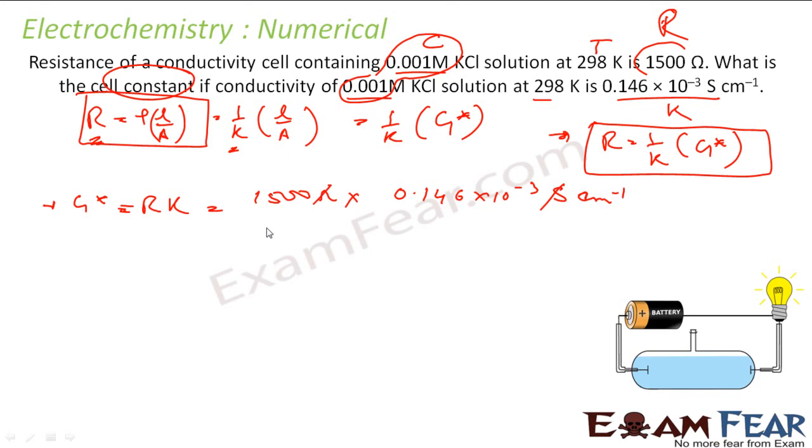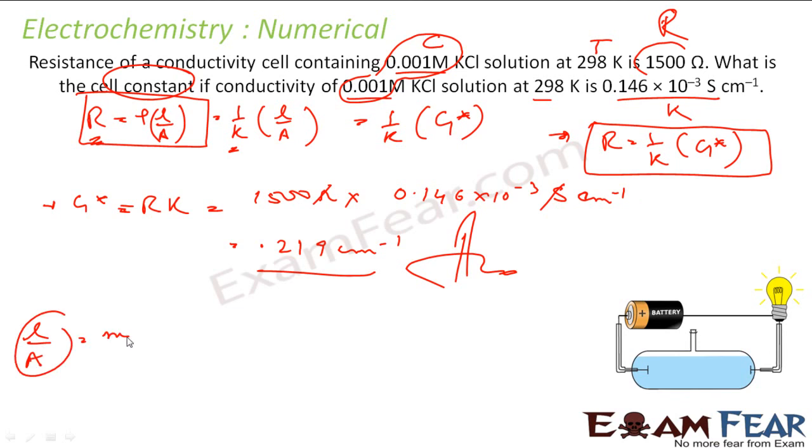Siemens and ohms get cancelled. You solve this, you get 0.219 per centimeter, and that is my cell constant. If you see, cell constant is L by A. So if you put length in centimeter, area in centimeter square, unit will come out to be 1 by centimeter, and that is the unit.